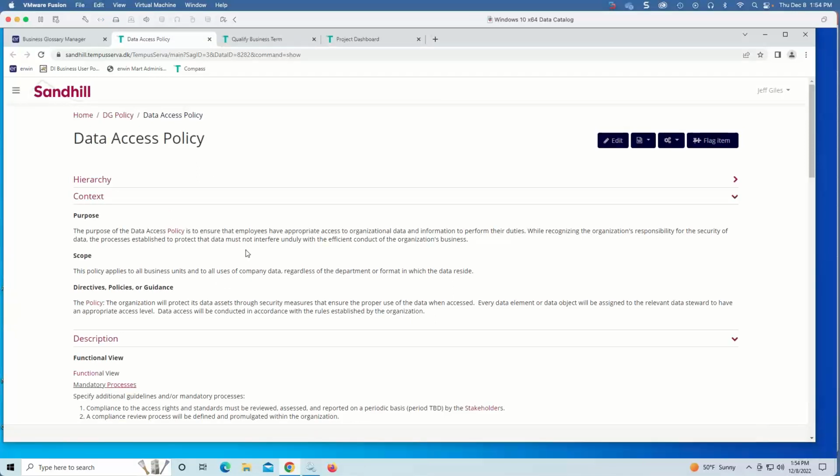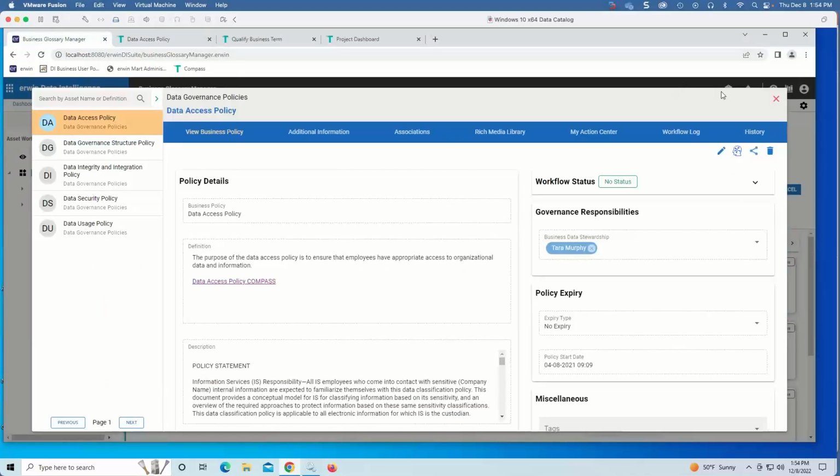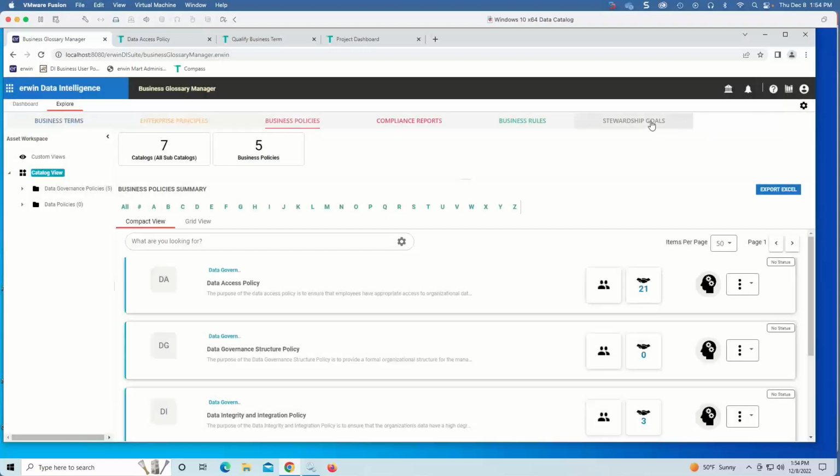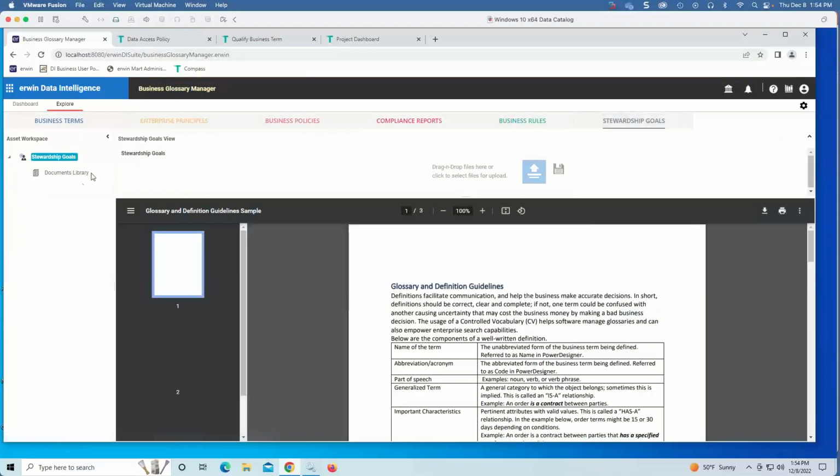So the idea here is that you can have best practices and any other kind of reference information that you can pop back in here and see the details of as well. And if you wanted to keep some things in your library of documents, you could do that within these data intelligence tools here. They all support this idea of capturing PDFs and Word documents and Excel spreadsheets too.